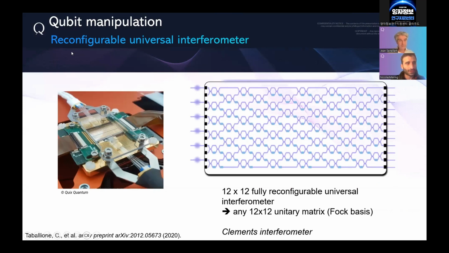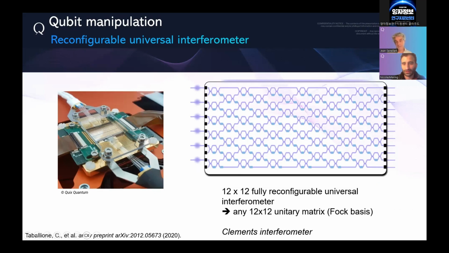So now I will go through this unitary transformation capability that we have, our universal interferometer. So what we use here is a 12 by 12 reconfigurable universal interferometer that can implement any 12 by 12 unitary matrix. So in our case, we have up to 6 photons that we put into every odd input of the interferometer, again for path encoding capabilities.